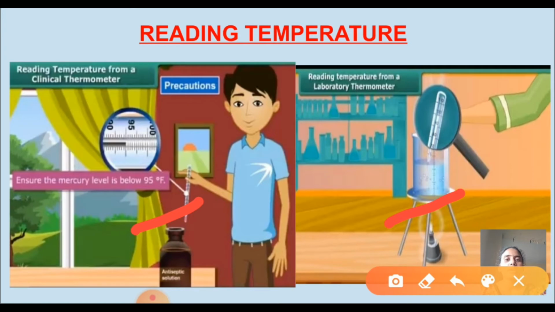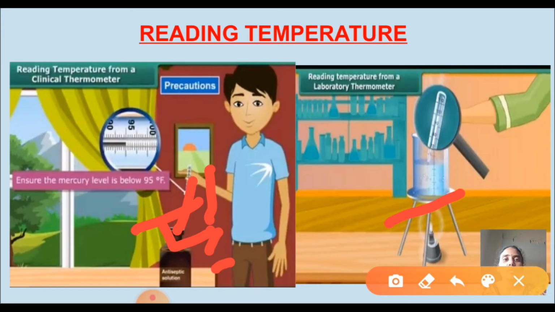Reading temperature from a clinical thermometer. What precautions do we have to take? See this figure, antiseptic solution. The thermometer should be washed before and after use, preferably with an antiseptic solution.